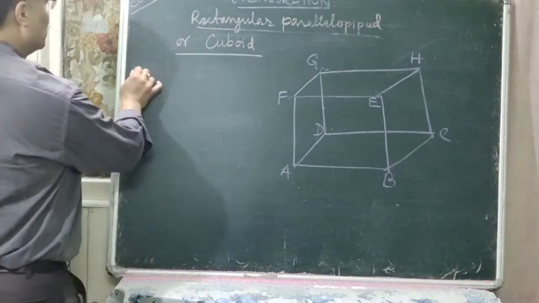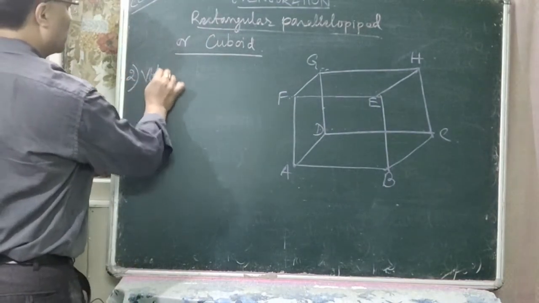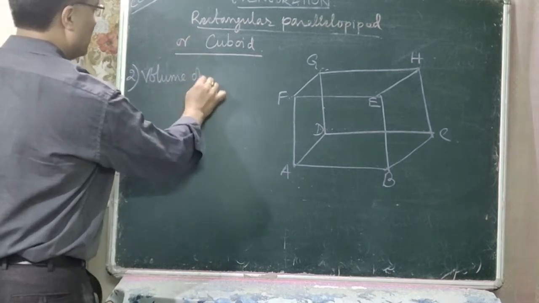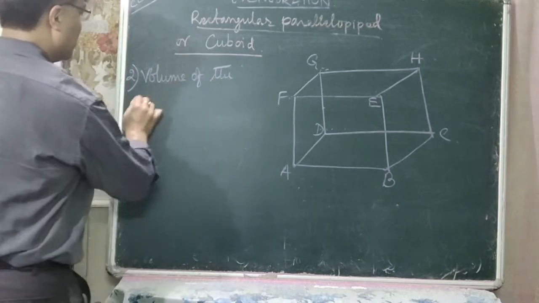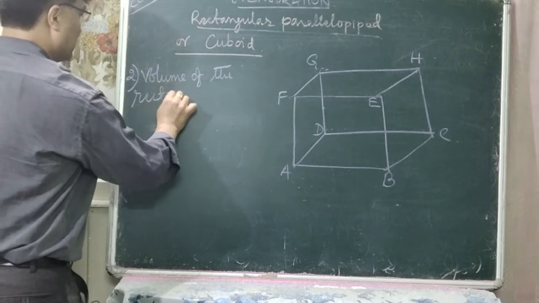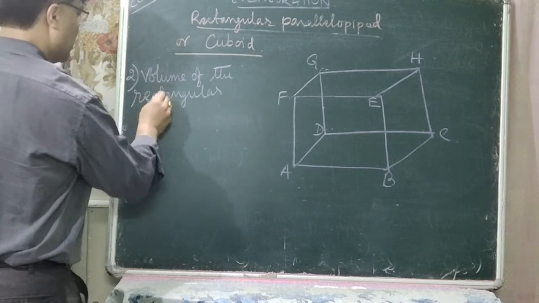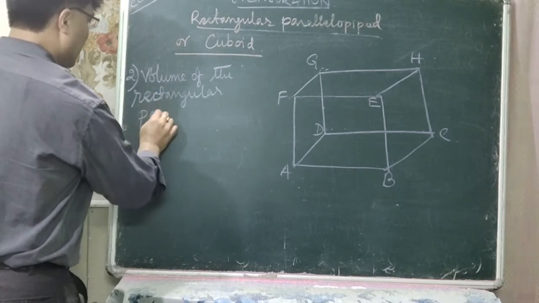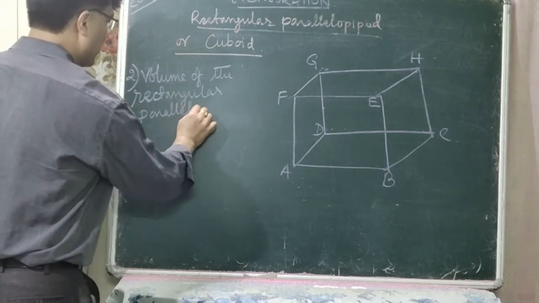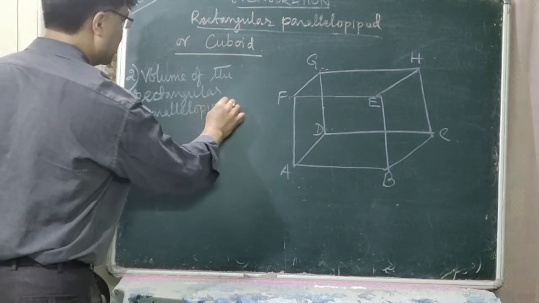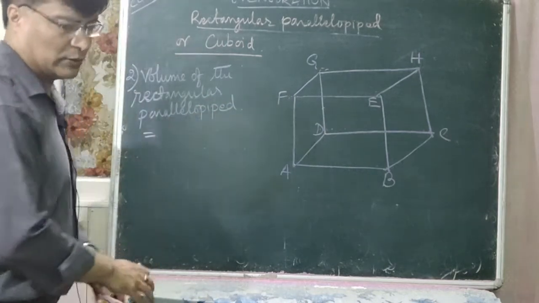So now number 2, what will be the volume of the rectangular parallelepiped? Volume of the rectangular parallelepiped is equal to.